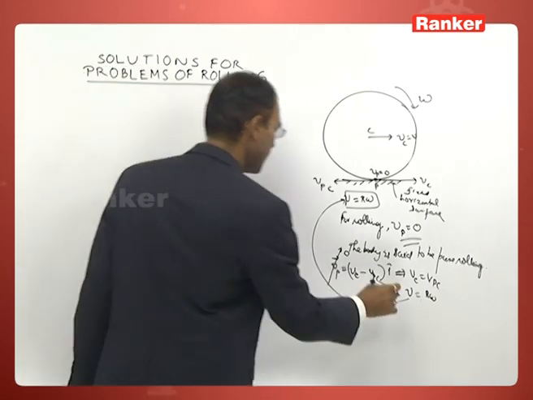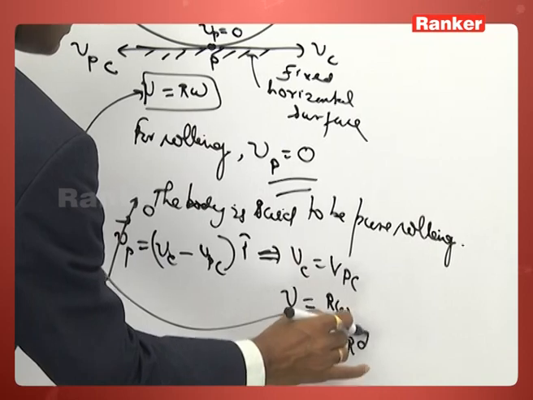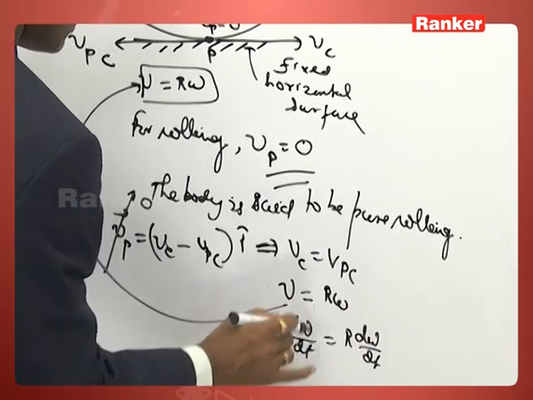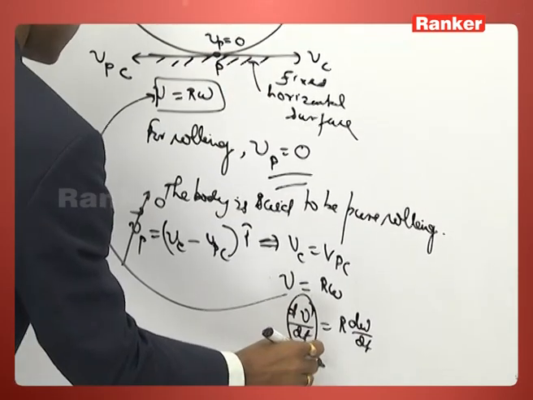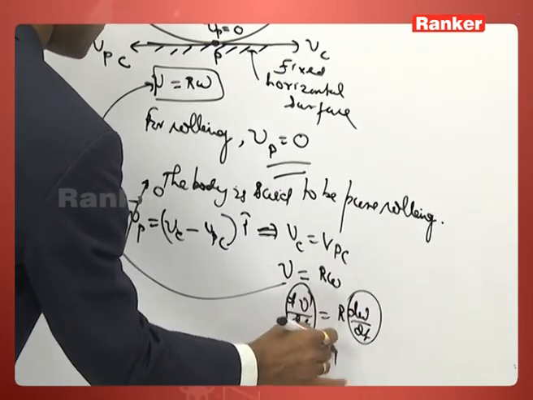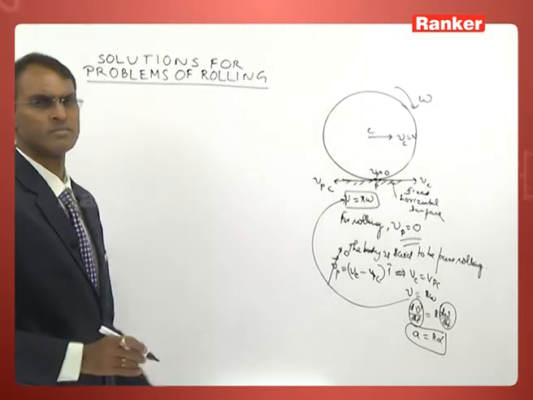If you differentiate both sides, we get dV by dt is equal to R d omega by dt. This is the velocity of center of mass, this is the angular velocity of the rigid body. This is another condition.